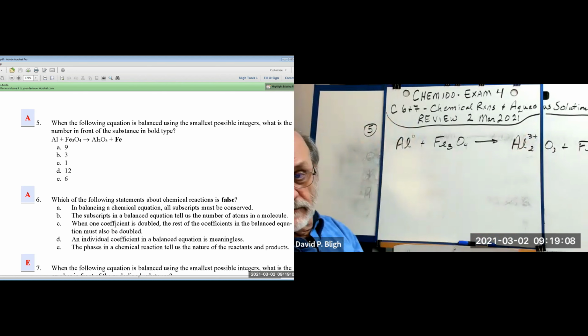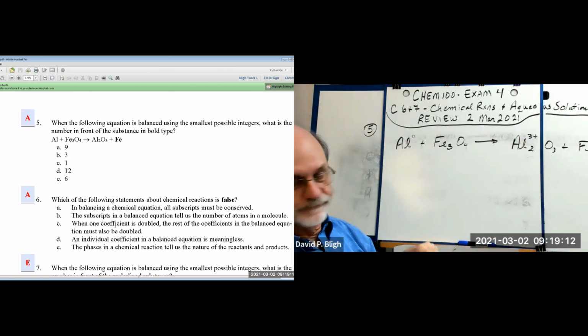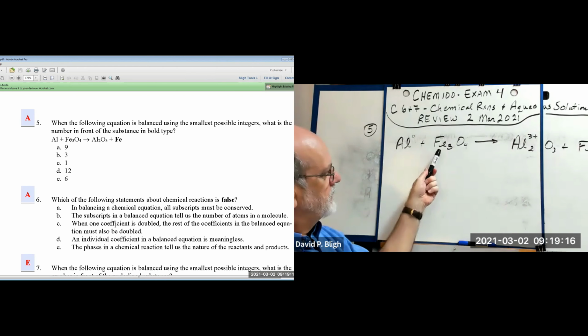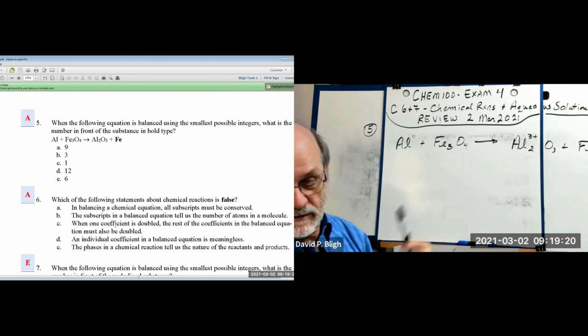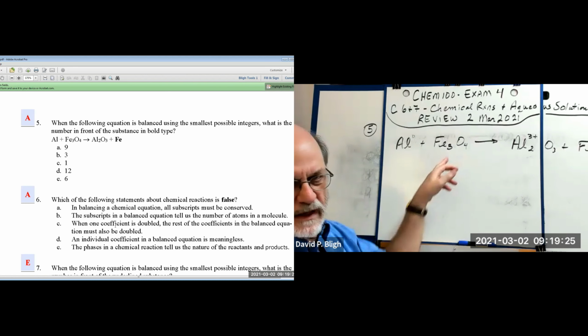So in order to get there, you had to lose 3 electrons for each aluminum. And similarly, you're going from this iron in a compound to that free iron, and that's also an indicator of an oxidation reduction reaction.